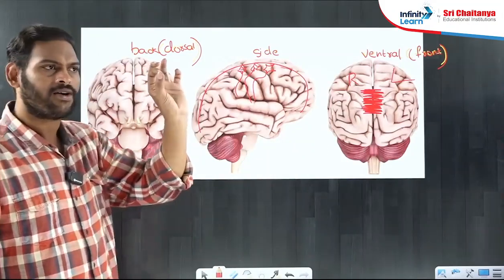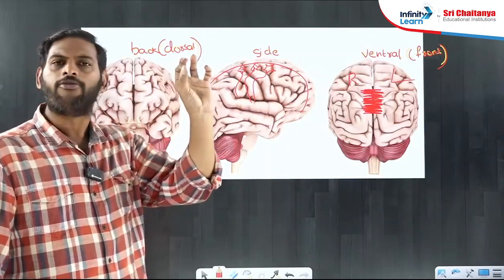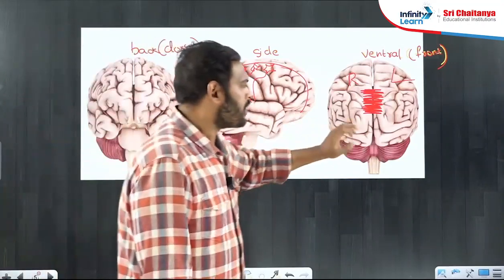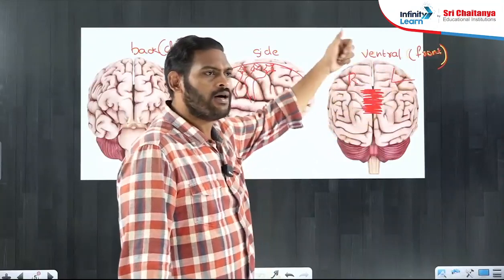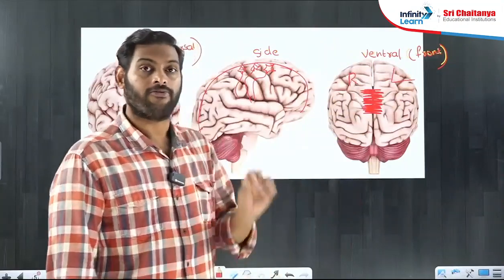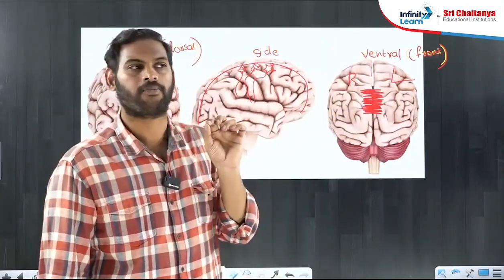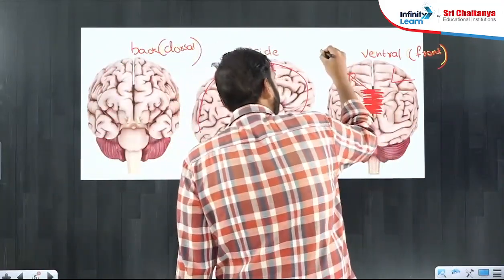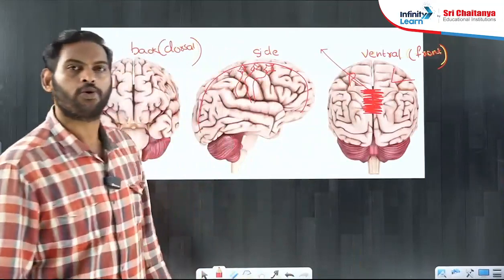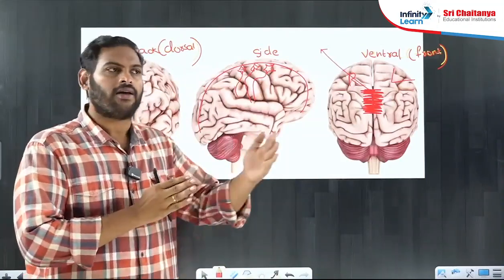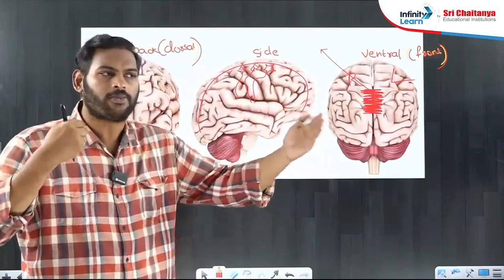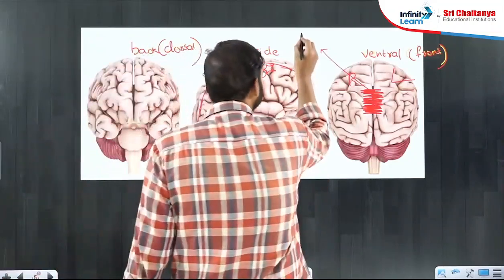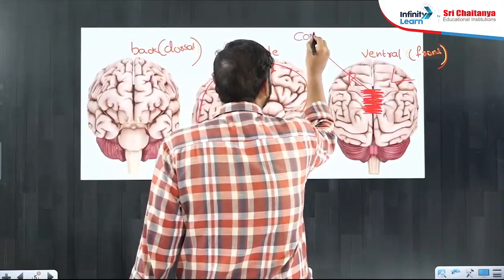There was a thick network of nerve fibers connecting the left hemisphere to the right hemisphere. Very, very important part of your brain. This bridge-like tissue which connects the left hemisphere to the right hemisphere is referred to as the corpus callosum.